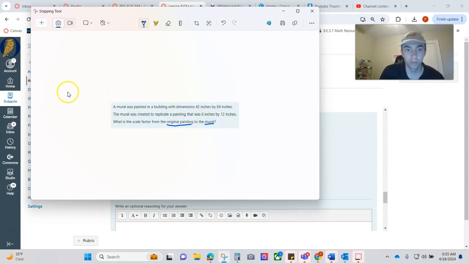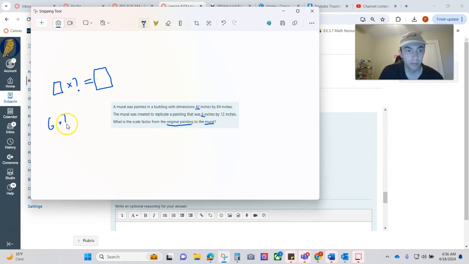Okay, so we're going from little rectangle, little painting, times what equals mural, big painting. Little painting times what is the big painting? Or 6 times what is 42?